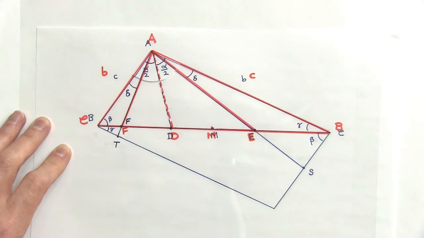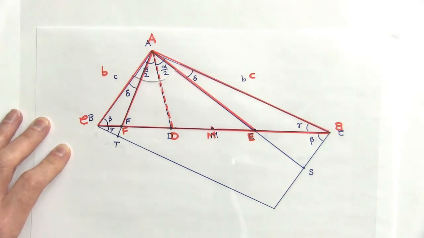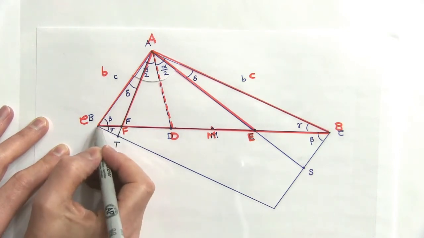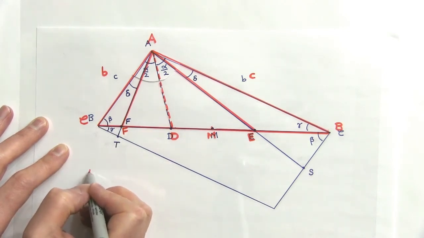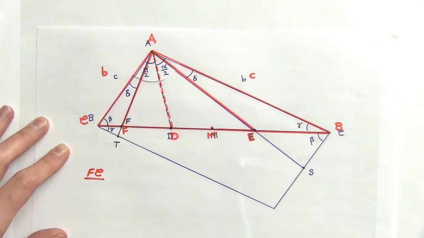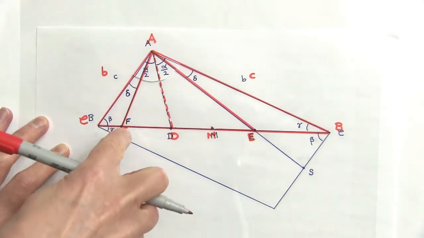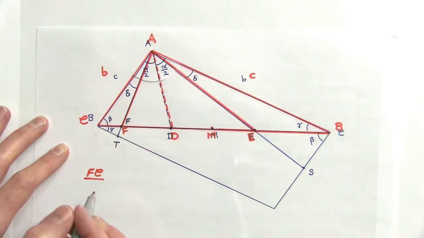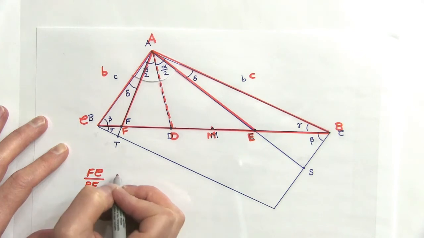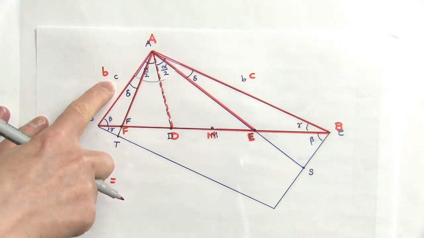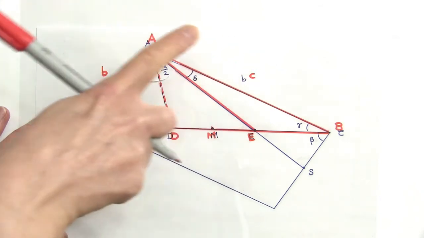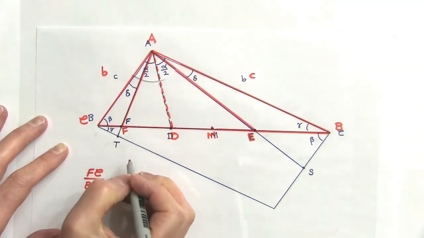So the equality that we just proved says this: this length, which is FC, over this length, which is BF, is the same as the cube of this length over the cube of this length, which now becomes B cubed over C cubed.